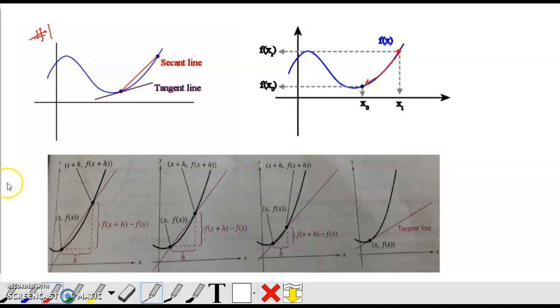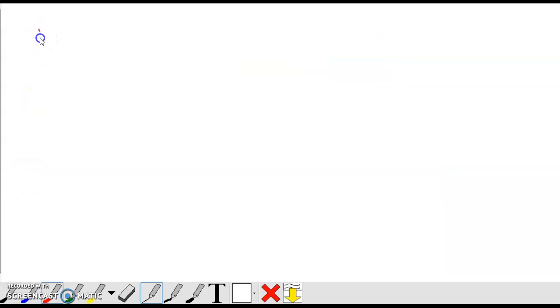So I want us to write this down, okay? It's called the definition of the slope of a graph. So what we're going to say is this.